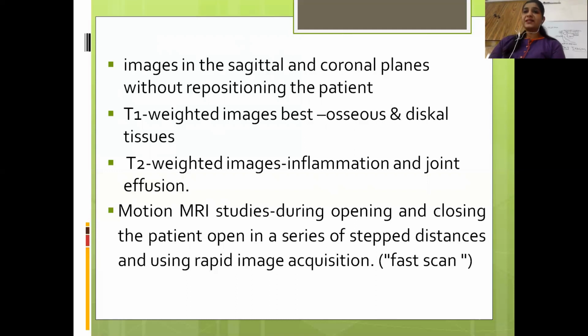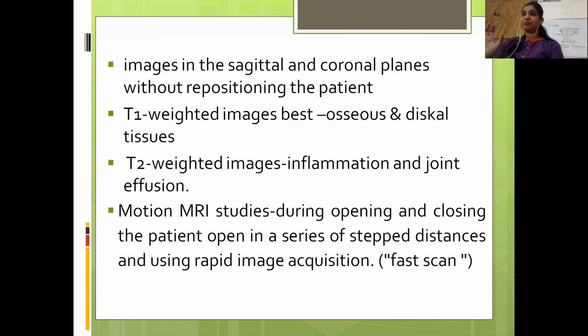T1 weighted images best show osseous and discal tissues, and in T2 weighted images we can see inflammation and joint effusion. So in T1 weighted images we see best the osseous and discal tissues. We can see whether all the interarticular disc components are correct or not, and we can see all the normal soft tissue structures that are present.